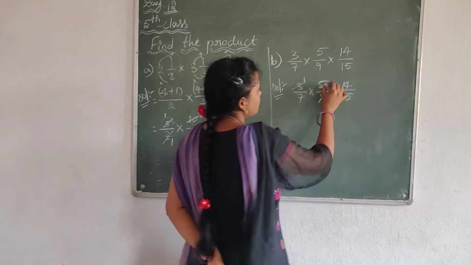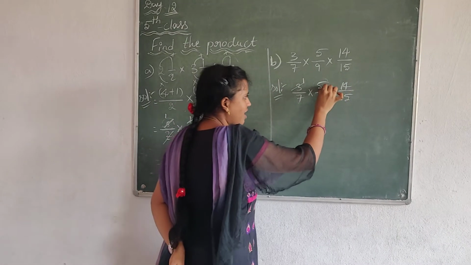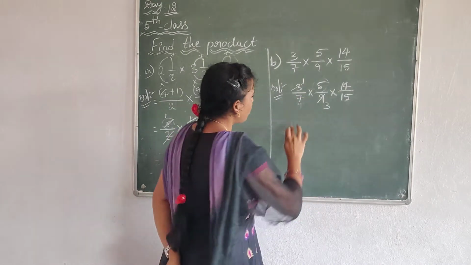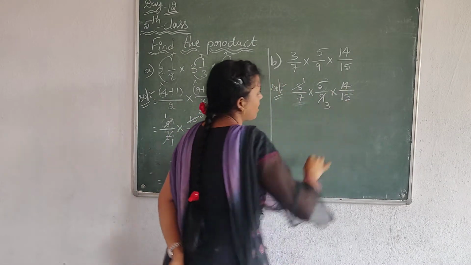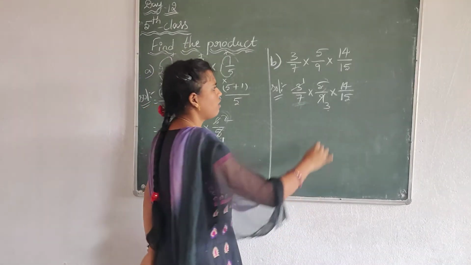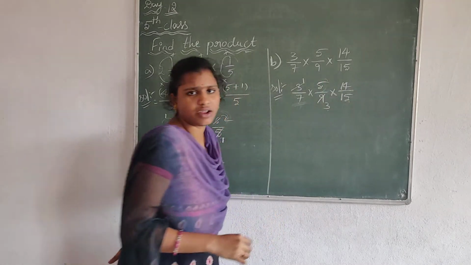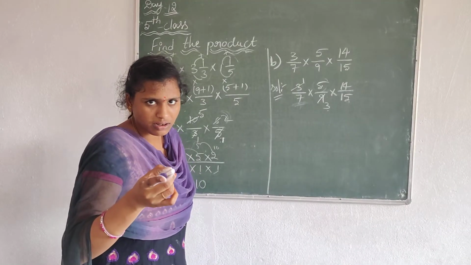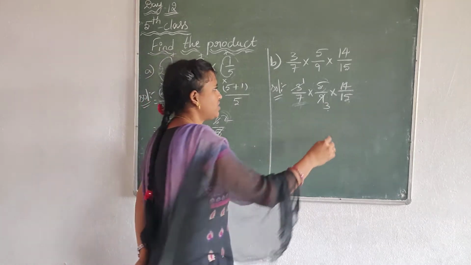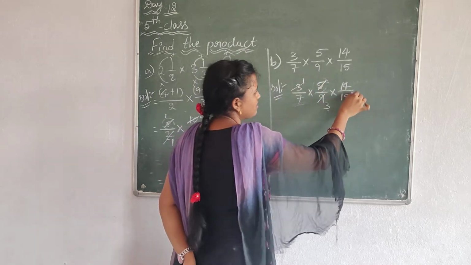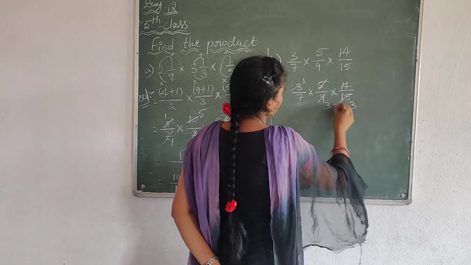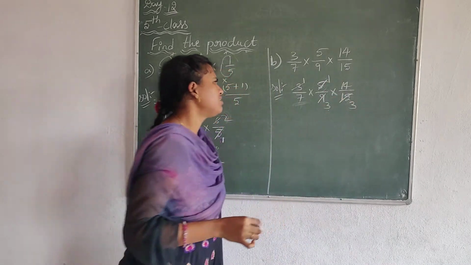Okay, take the next numerator, 5. 5 and 7, are they cancelled in any common table? No. Next, 5 and 9? No. 5 and 15, are they cancelled in any common table? Yes. Which table? 5. So 5 is cancelled here. How many times? 3 times. If you wrote 1, it is not a problem.